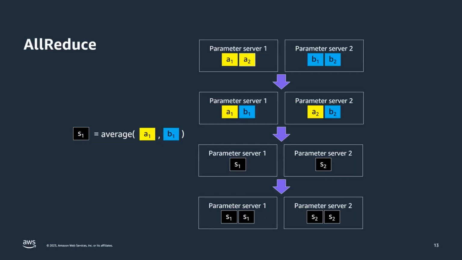Parameter server 2 here in the picture sends the parameters B1, B2. So each worker performs aggregation on a subset of parameters. And after the aggregation, it broadcasts to all other workers. In that sense, all-reduce results in a lower bandwidth requirement at workers, since workers exchange only a subset of parameters.